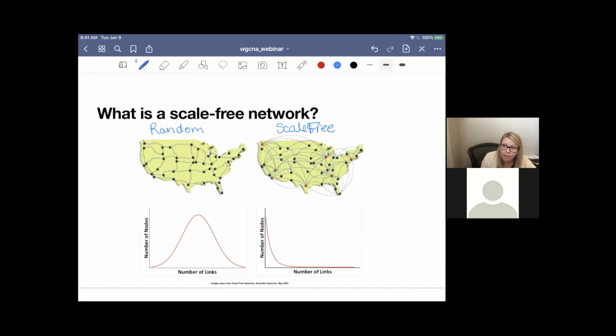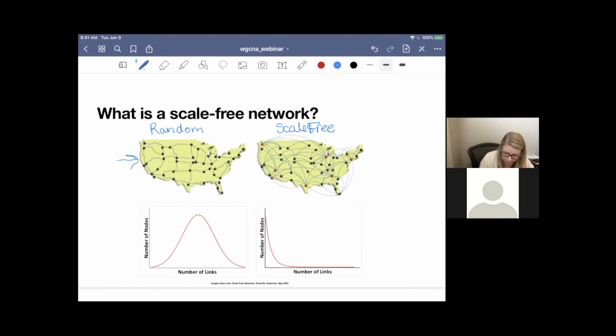So in our co-expression module, what this means is that most genes are connected to 3 or 4 other genes. In this graphic of the United States, what it looks like is sort of like the highway system across the US, where each major city has 2 or 3 major highways going in and out of it.